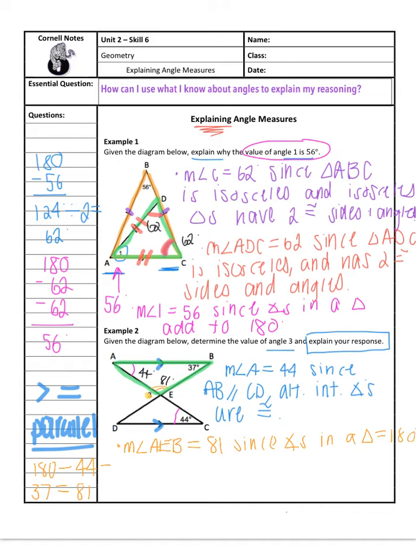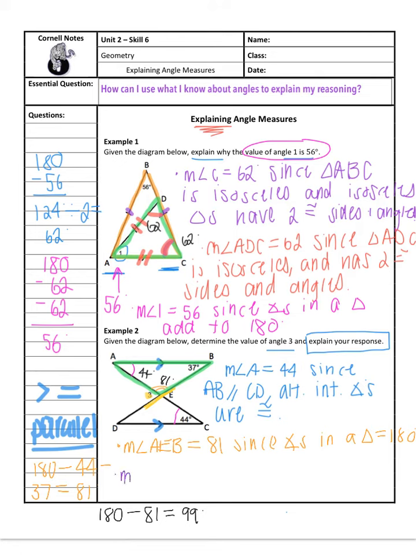And now we're just one step away, because if you notice, angle 3 and the 81 that we just figured out make a straight line, and we know angles in a straight line also have to add to 180. So the last thing we have to do is 180 take away the 81, and in doing so we'll be left with 99 degrees. So angle 3 is 99 degrees, and we just have to explain ourselves one last time.